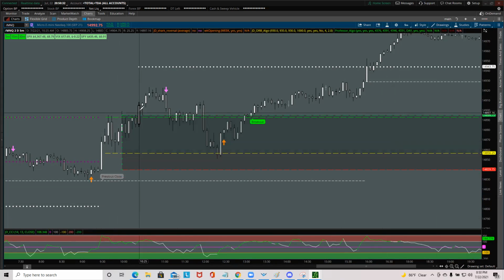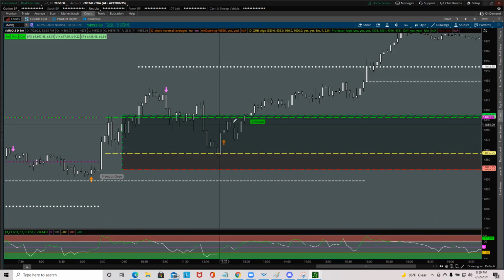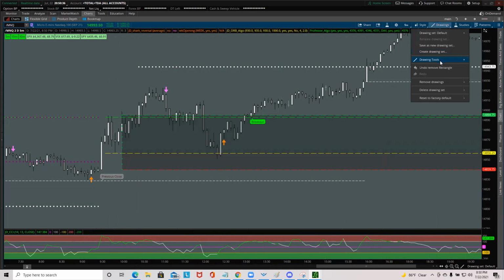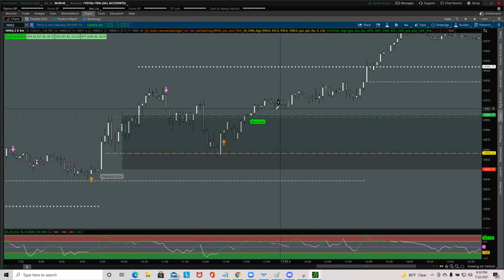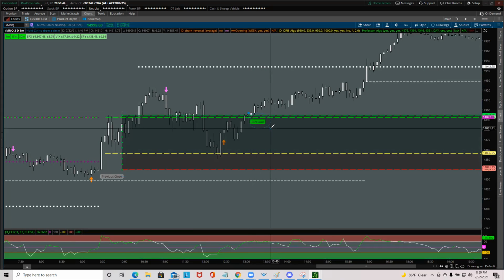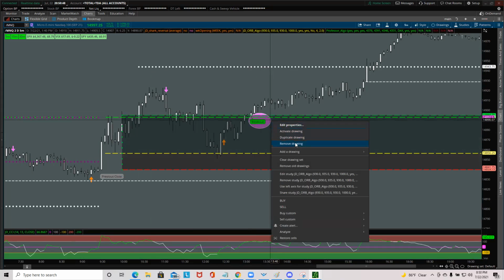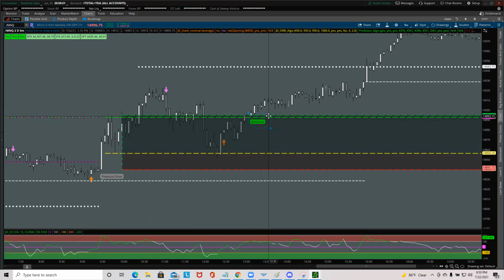Some people will say, play the breakout right here. You see there's a breakout label in here, and this breakout label moves a lot. In the morning it was right over here.